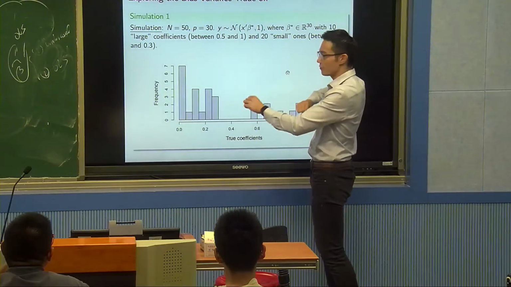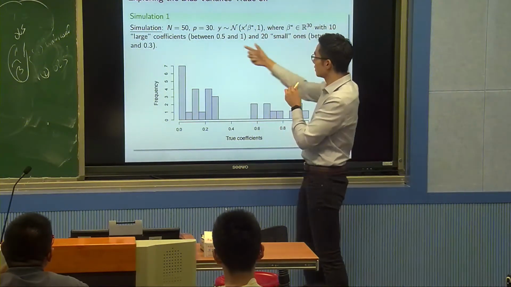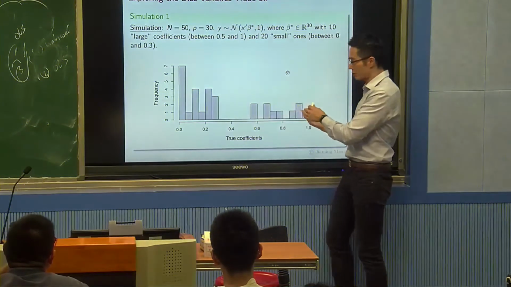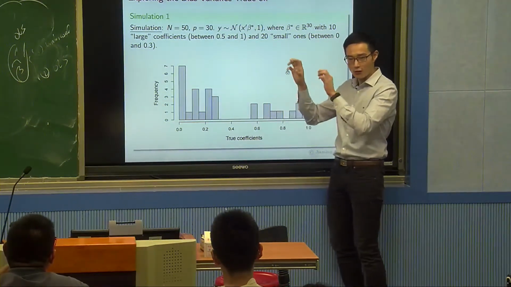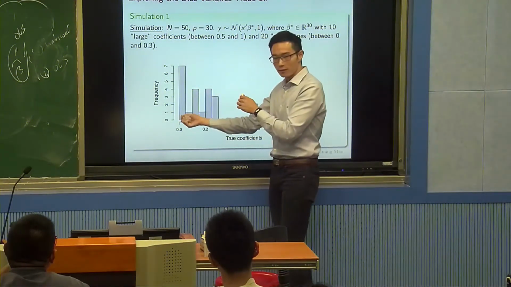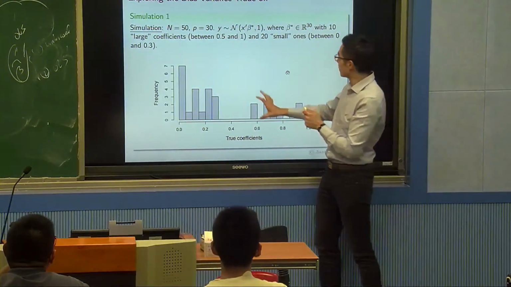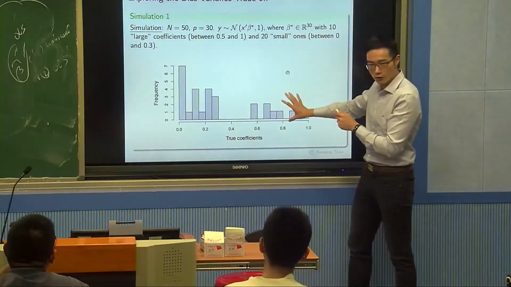Of the 30 coefficients, 10 are between 0.5 and 1, which I call large coefficients, and 20 are small coefficients, between 0 and 0.3. So we have a bunch of small and some large coefficients here.